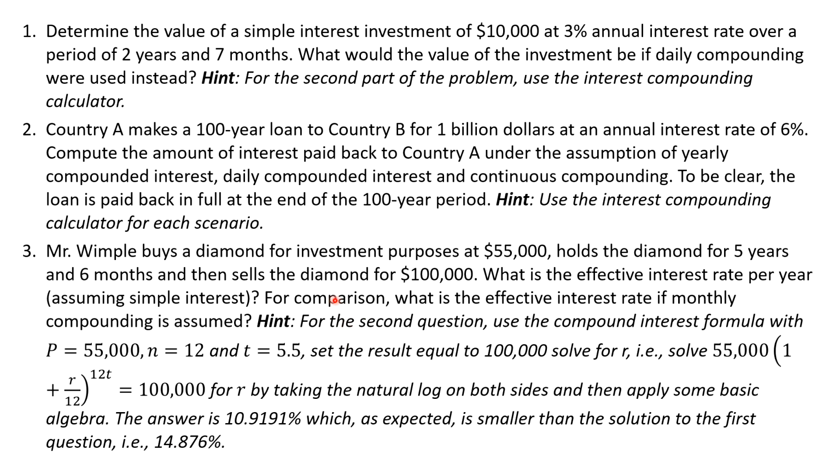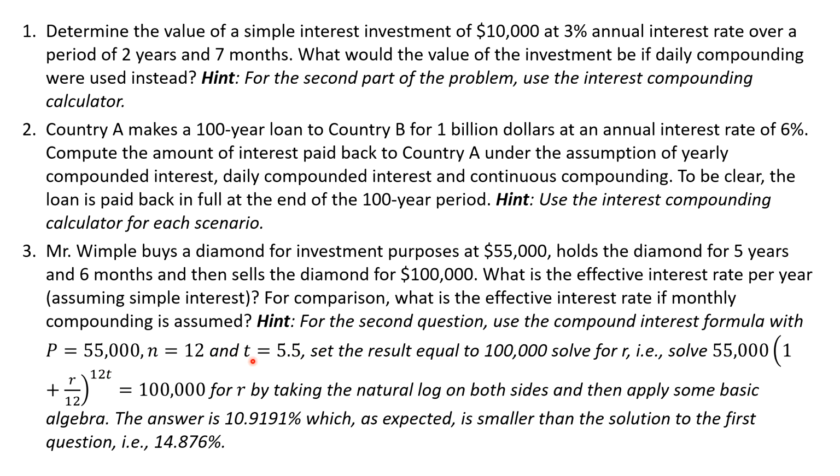Then I asked the second question. For comparison, what would the effective interest rate be if monthly compounding was assumed? Let's say Mr. Wimple did the same thing, but he invested the money instead of buying this diamond. So $100,000 is the final amount, you started with $55,000, and you have monthly compounding over 5.5 years, so T would be 5.5. I didn't plug it in here, I should have.